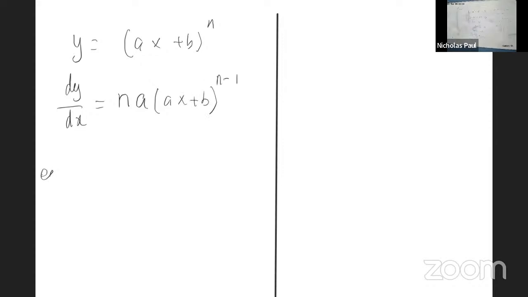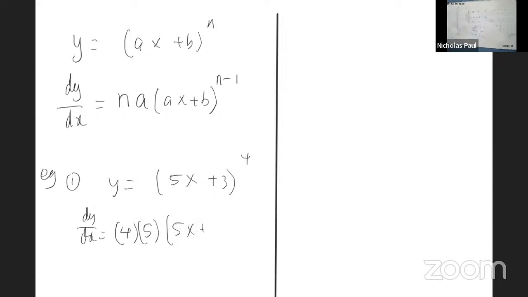For example, if I gave you y is equal to 5x plus 3 to the power of 4, you can't expand that out. So you have to follow the steps, right? dy dx is bring down the power, differentiate 5x plus 3, you'll get 5. Write back the bracketed term and minus 1 for the power.